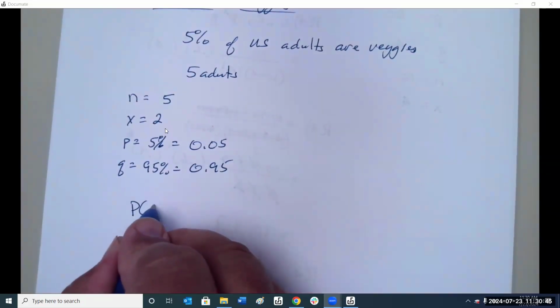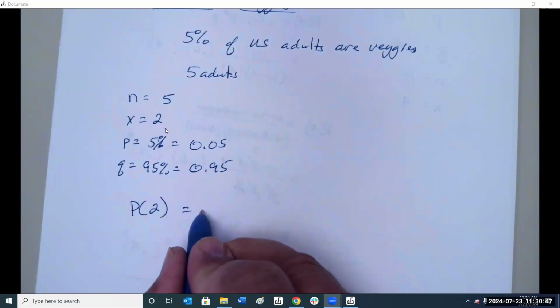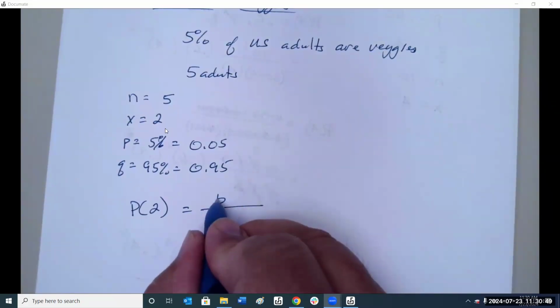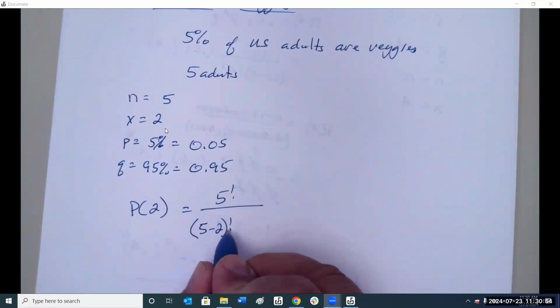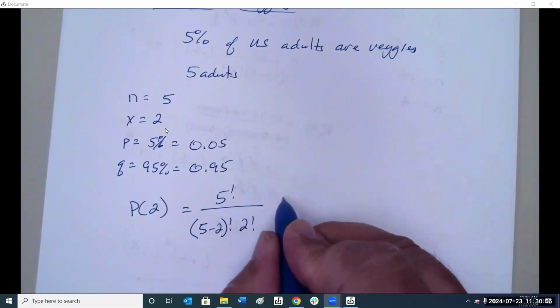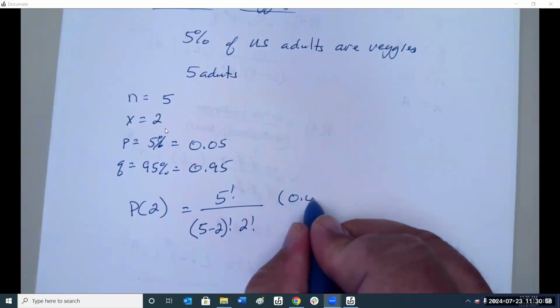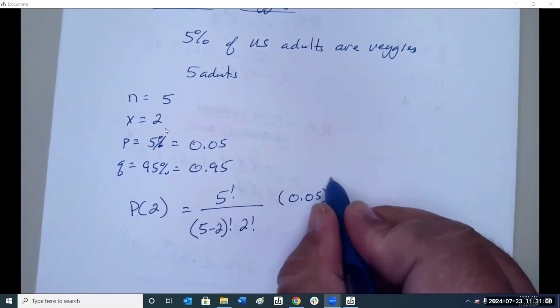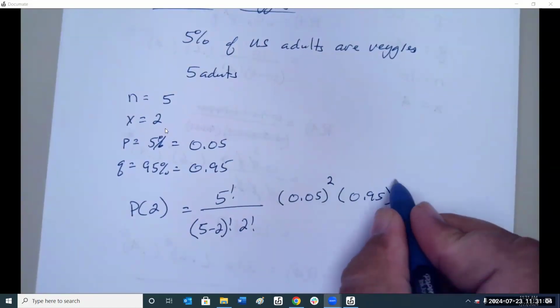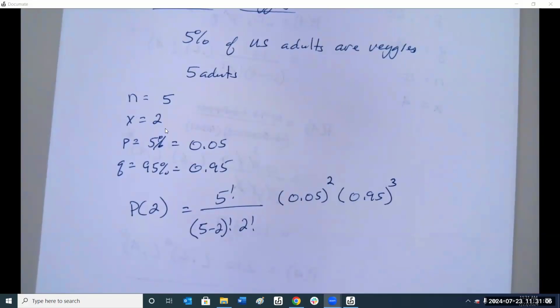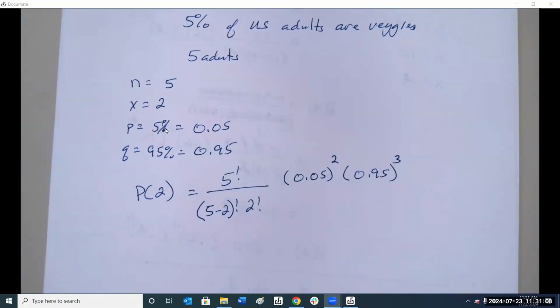So the probability of exactly 2 would be 5 factorial divided by 5 minus 2 factorial times 2 factorial, times 0.05 to the power 2, times 0.95 to the power 3, which is n minus 2. And work those out, you get your probability.